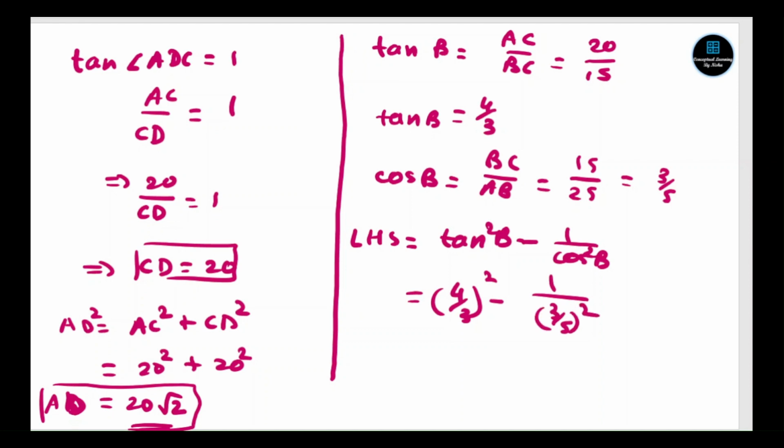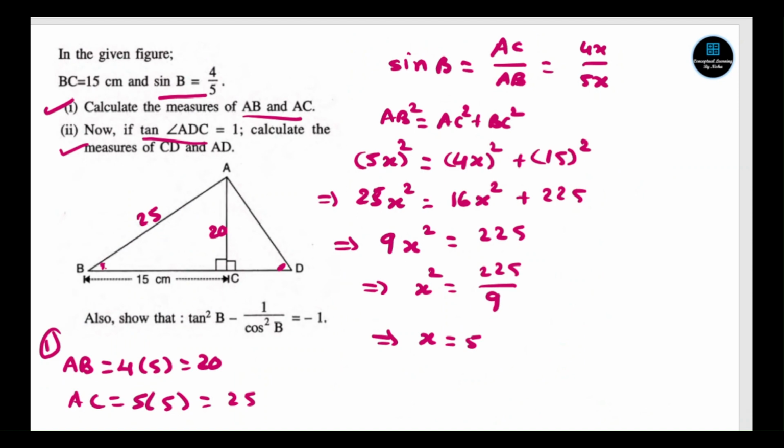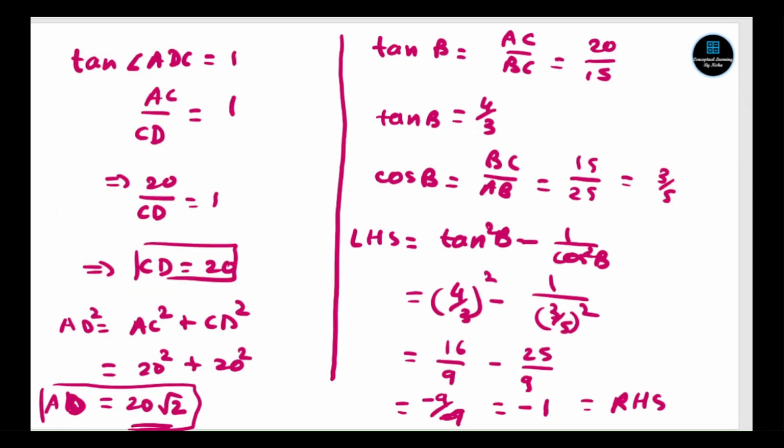And when I simplify this, I'll get 16 over 9 minus 25 over 9. So which is nothing but negative 9 over 9. This gives me negative 1. So this is RHS. So we proved it, right? Tan square B minus 1 upon cos square B equals negative 1. This we proved, right? So hence it is proved.